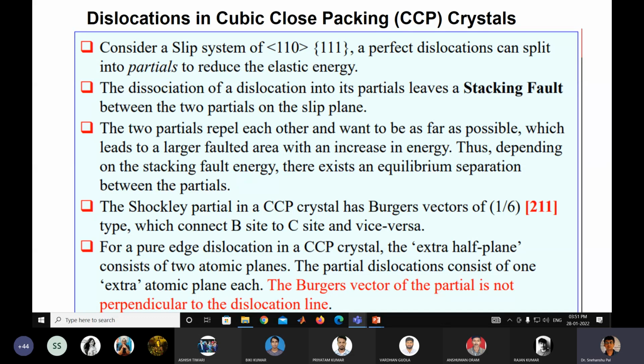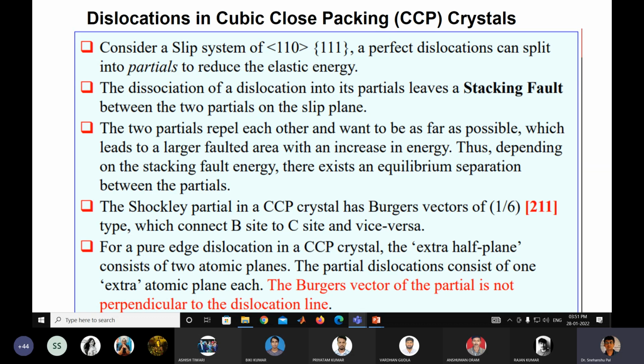Now you have to understand what a stacking fault is. In order to understand that, you have to understand what stacking is. Stacking is the logical, perfect arrangement of different layers of atoms inside a crystalline material.